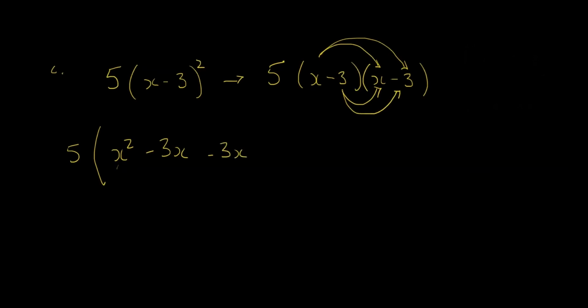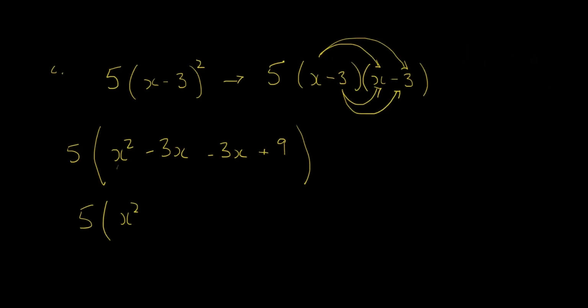And what's minus 3 times minus 3? Positive 9. Very good. So we can just simplify the bracket in between. I'll leave the 5 outside. It's x squared. There's only one x squared term. How many x terms we got? We've got 2. So what's minus 3x plus minus 3x?